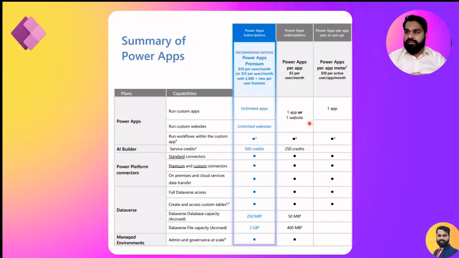So first of all, we will talk about Power Apps licensing. Before we go into Power Apps licensing, we will talk about different connectors which are available within Power Platform. To connect any of the Power Platform product, when I say Power Platform product, I am talking about Power Apps, Power Automate, Copilot Studio, Power Pages, and Power BI as well.